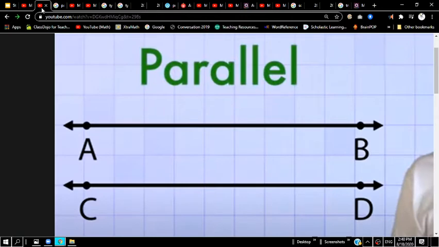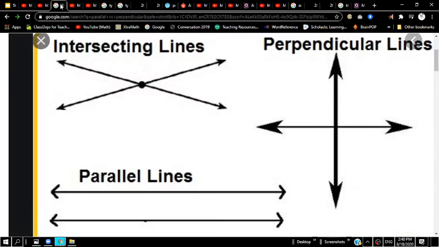We learned about different line segments that can be classified as parallel or perpendicular, or even when lines cross, what they're called, which is intersecting lines. Now, perpendicular lines and parallel lines are two very important concepts when talking about angles and quadrilaterals, okay? Triangles as well.